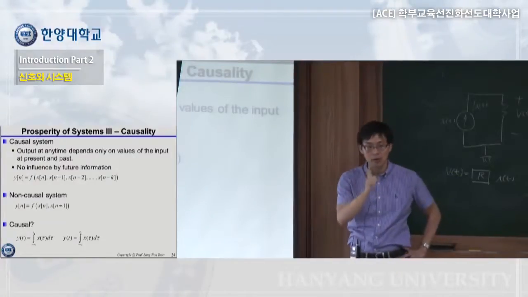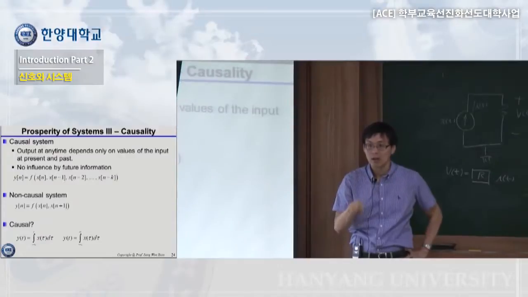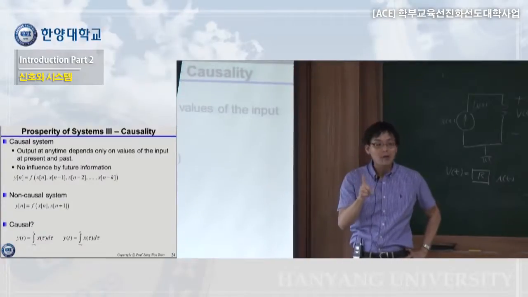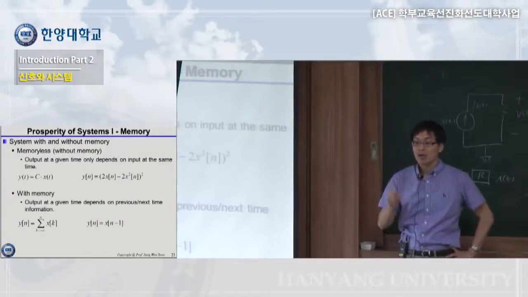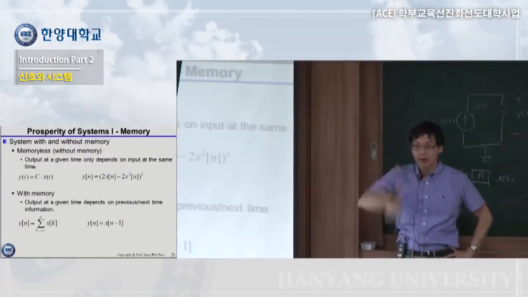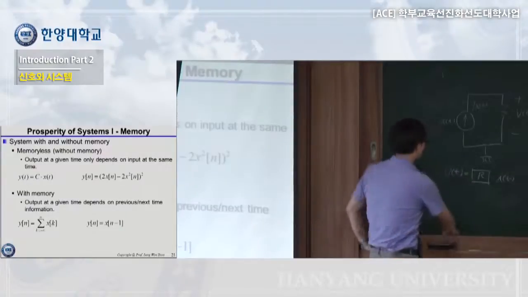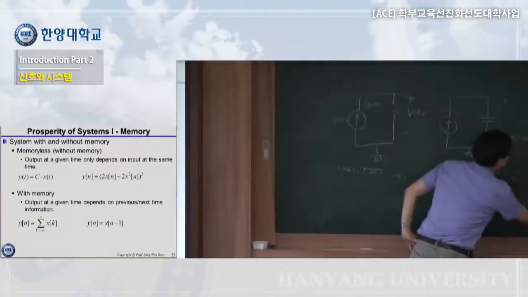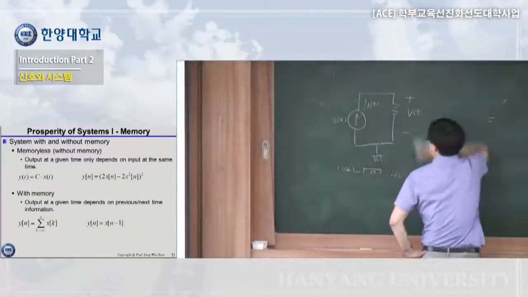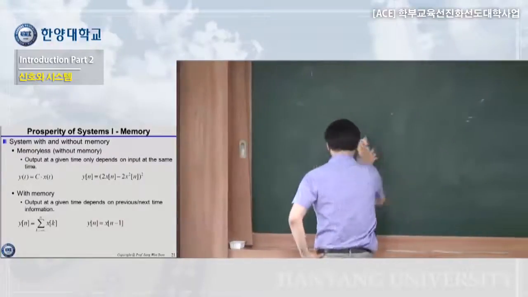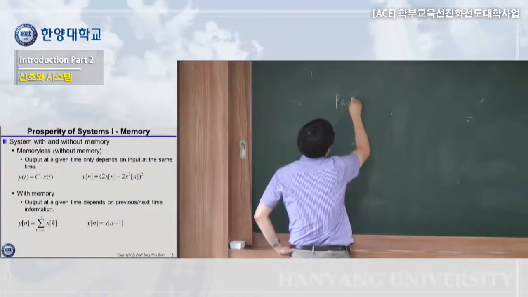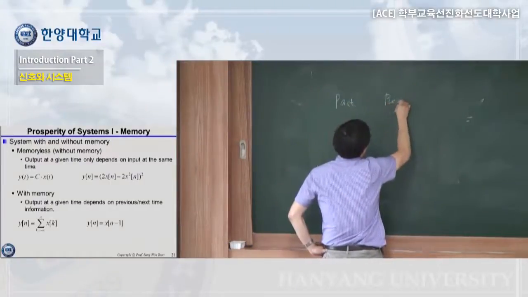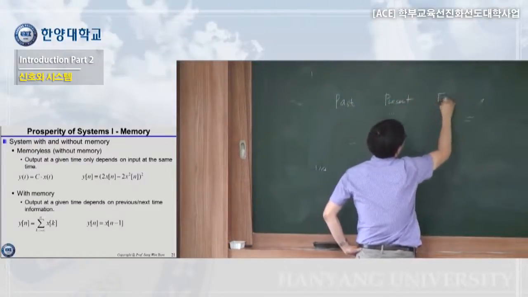The difference between memoryless and causality is that to be memoryless, they only depend on the present. All right? So let's see. We have past, present, and future.